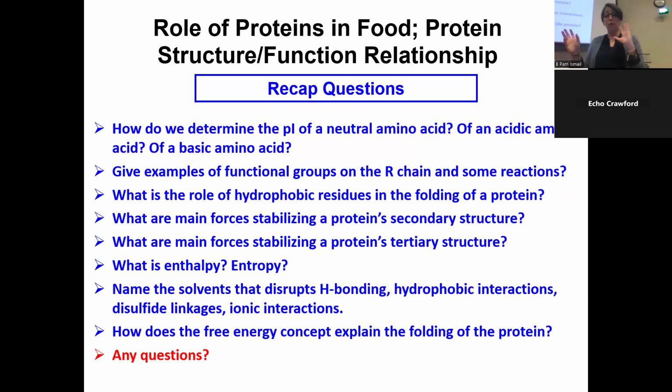So if you want to remember the free energy concept, when you form that polypeptide, there's a lot of stretching and bending and a lot of energy, and the protein starts to fold to form interactions to contain that energy in bonds. Speaking of containing energy and free energy, what's enthalpy?